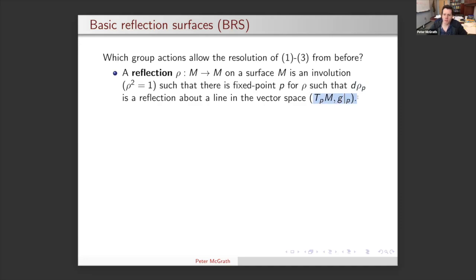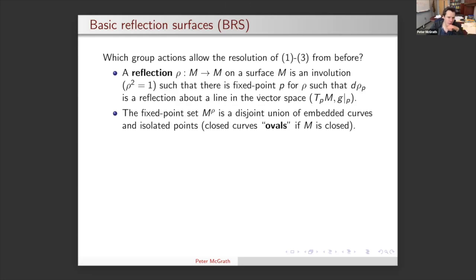So the tangent space of this fixed point is a Euclidean vector space. And then we request that the differential is actually a reflection about a line, let's say when we're on a two-dimensional surface. So you just need to find some point that's fixed by the involution. And then at the linear level, you look like a reflection about a line.